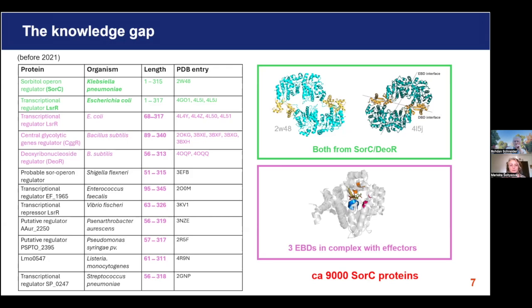The rest of the table are dissected effector binding domains, from which 3 structures were determined in complexes with their effectors. So, quite a limited list for almost 9,000 proteins which belong to the family.